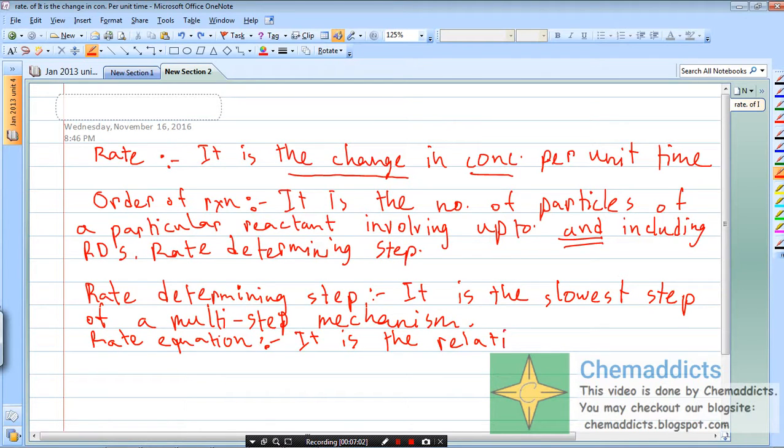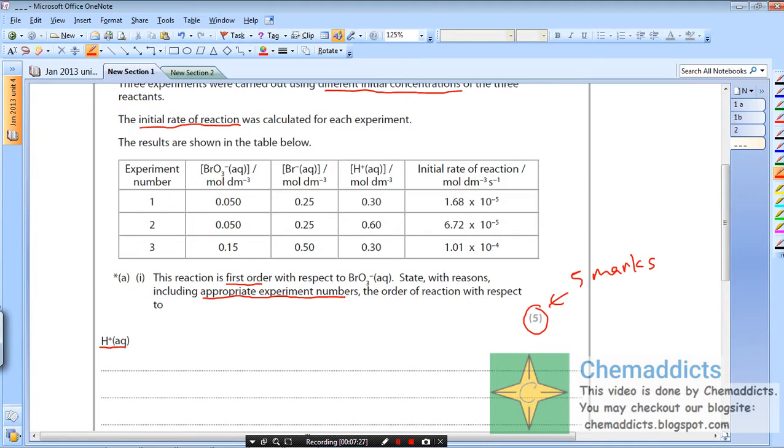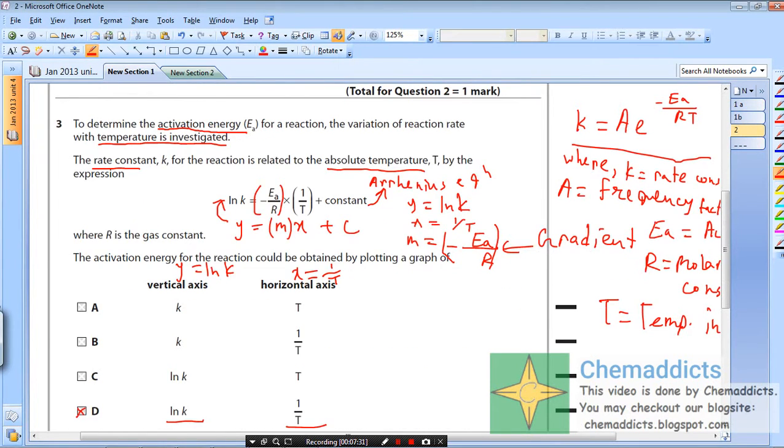It is the relation between the rate and concentration. So we will look at the rate equation right now. Let's look at what this rate equation is.